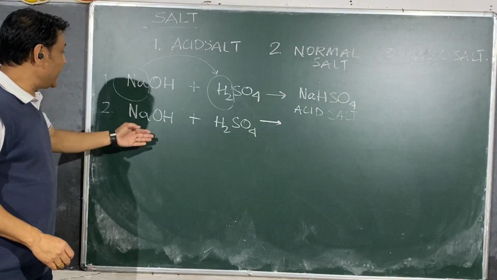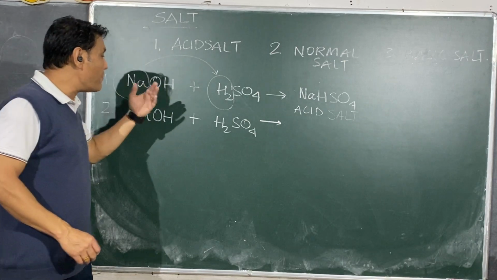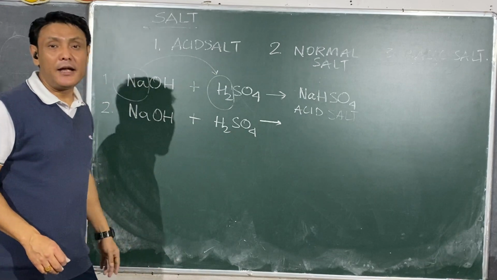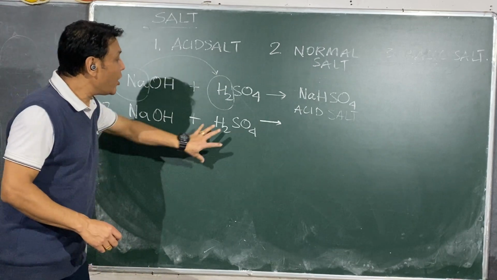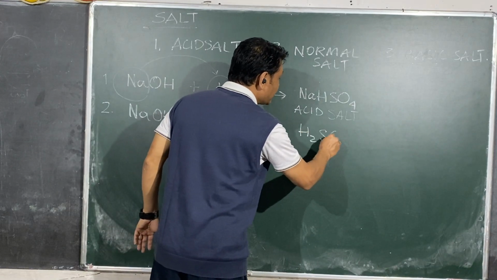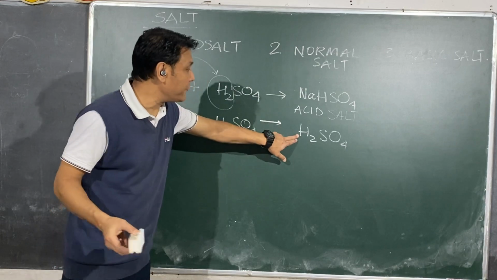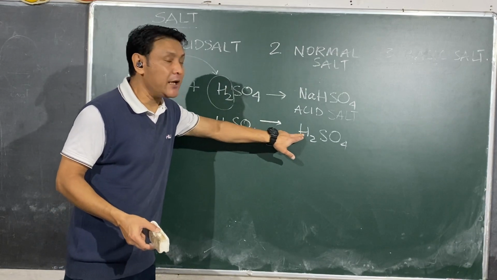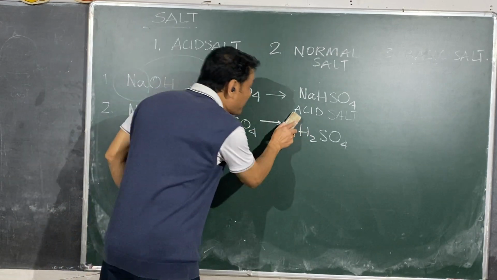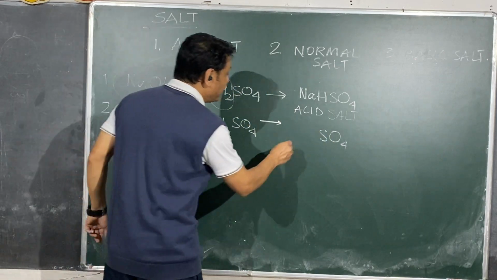Now, in this case, the amount of base is more than sulfuric acid. So in this case, what will happen? Both the hydrogen ions of the acid, H2SO4, there are two ions of hydrogen in one molecule of sulfuric acid. Both of them will get replaced by sodium.